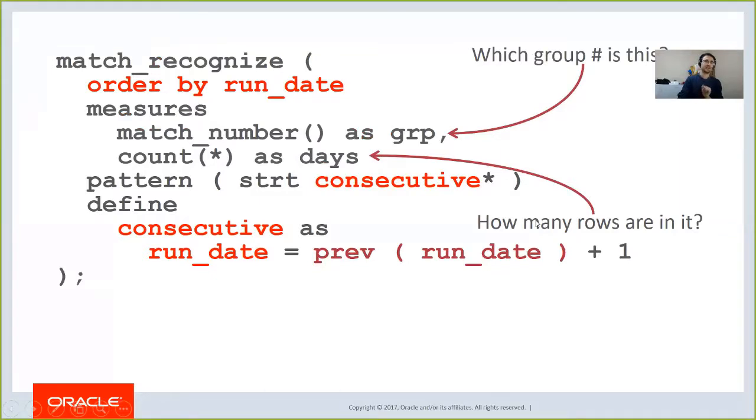This is again a new function for match recognize. For each new group we encounter, it increments the counter. And then count star works the way you would expect it to. How many rows did we match in this group? So we can see how many different values there are.